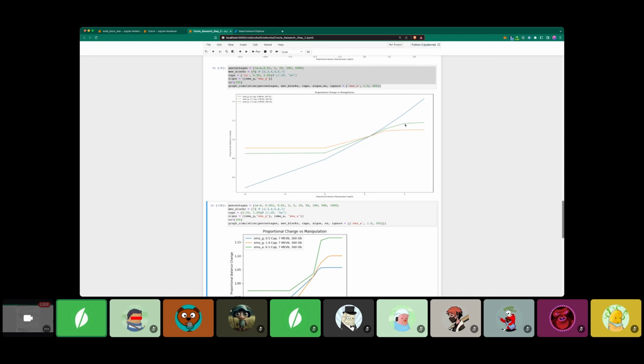Say there's 1 million USDC and 1 million beans in a pool, and someone puts 1 million in, they might incur like 50% slippage on this trade. One-sided liquidity, maybe it's like 33% slippage in a constant product pool.